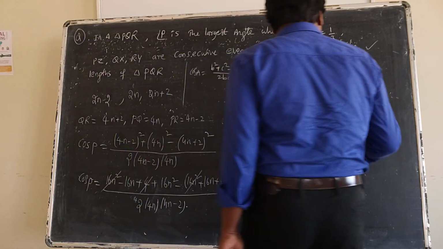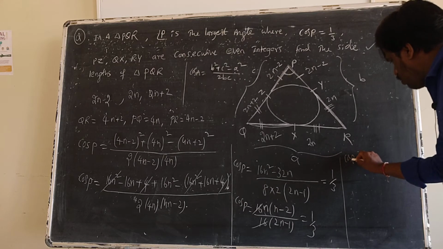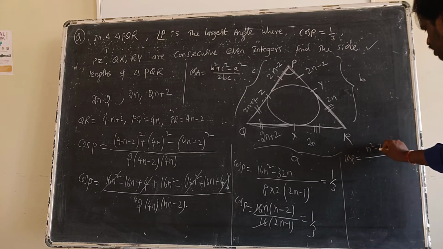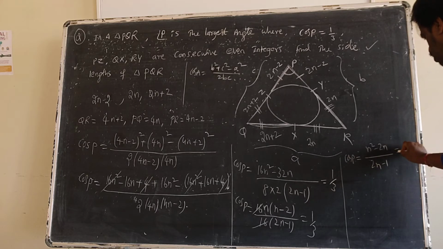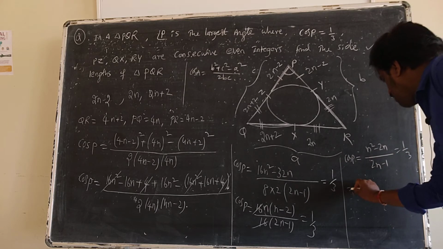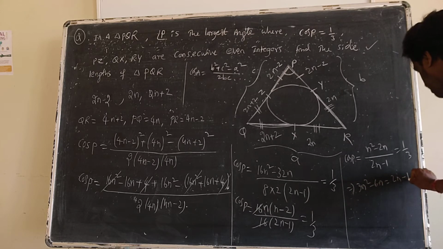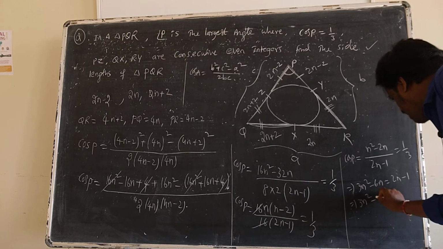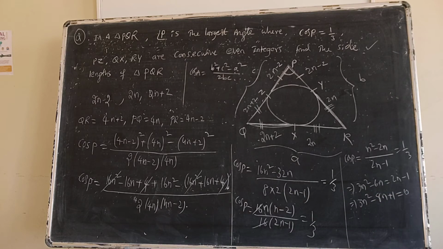So therefore what I am going to get here, that's important, cos P is equal to n into n square minus 2 into n, 2n divided by 2n minus 1 is equal to 1 by 3. Do cross multiplication here, 3n square minus 6n is equal to 2n minus 1. So if I use here 3n square minus 8n plus 1 is equal to 0. So from this I am going to get the value of n here.